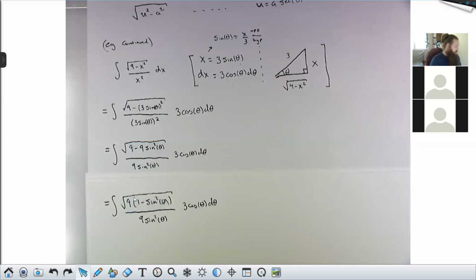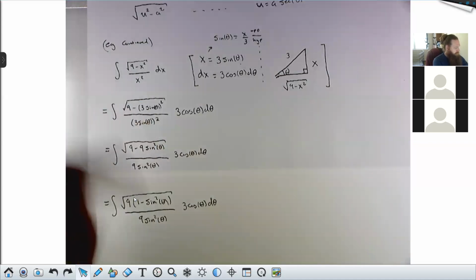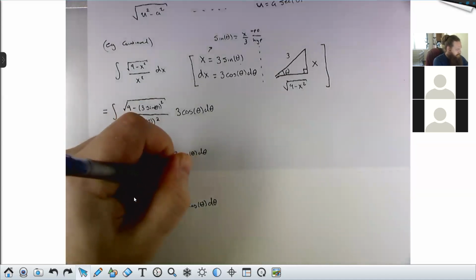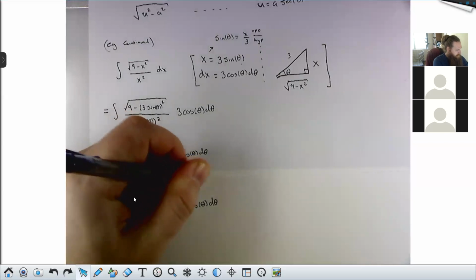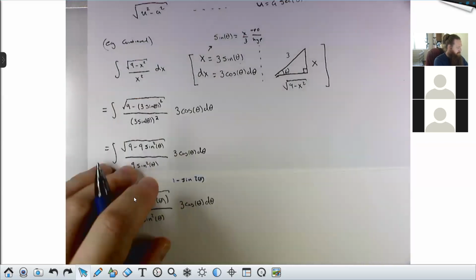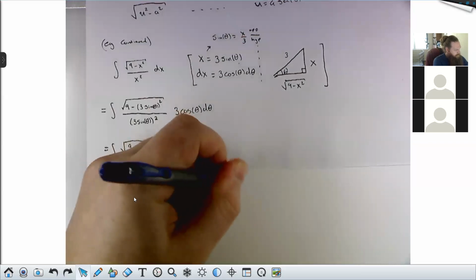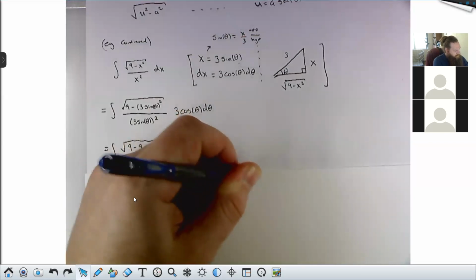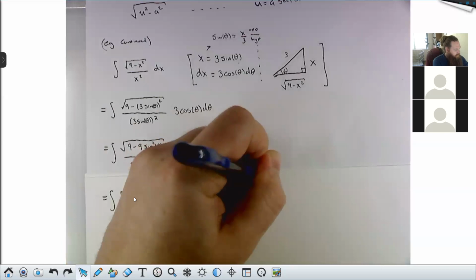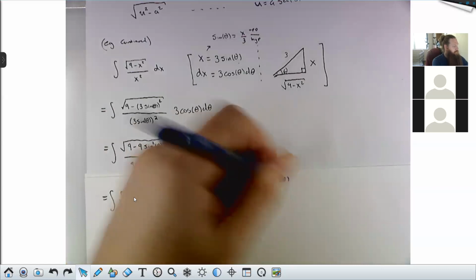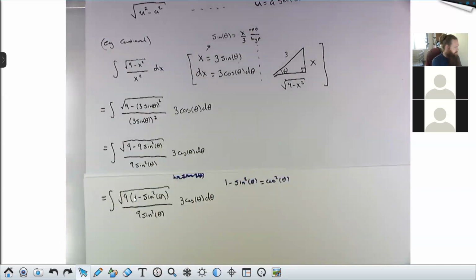which is nice because 1 minus sine squared theta is cos squared theta by the first Pythagorean identity.